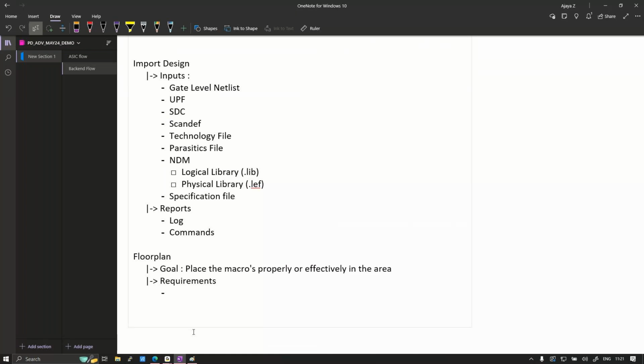Okay, that is the shape and size of the design. The next is, from my design I will be having interfaces, right? That means from my design signals will be going outside, or from outside of the design coming to the internal. So where those interfaces have to be placed, that information is also required.